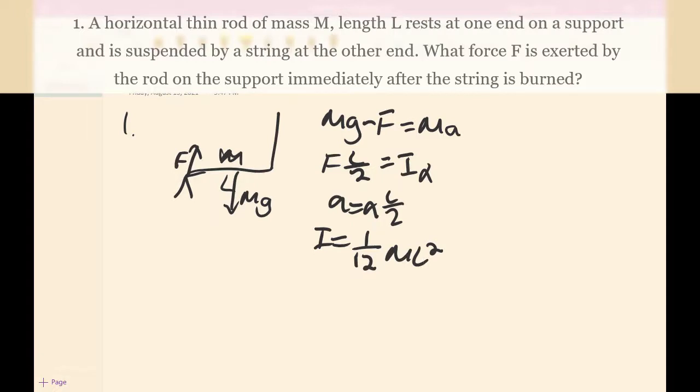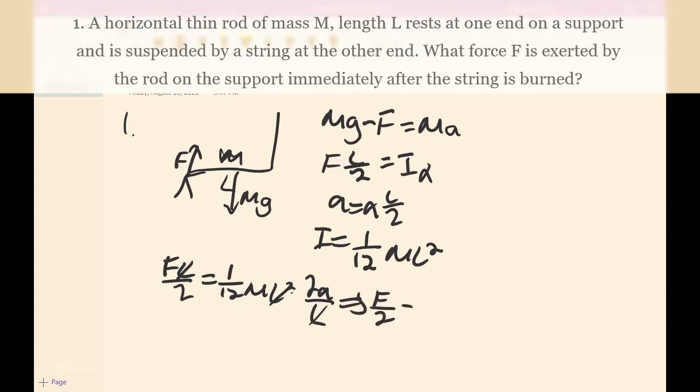So anyway, now it should be pretty easy to solve it. We have that F times L over 2 is equal to 1/12 ml squared times alpha, which is equal to 2a over L. So we can see that these L's all cancel out, and we get that F over 2 is equal to 1/6 ma.